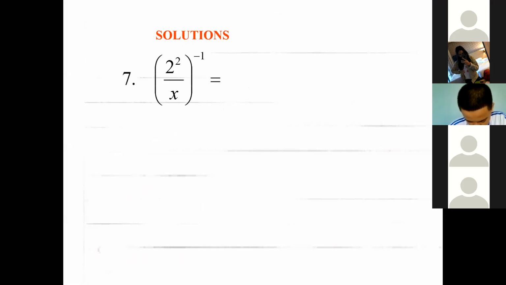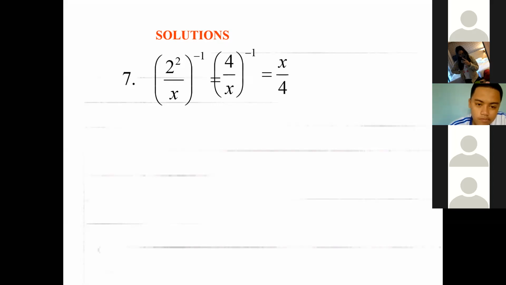Number 7. 2 to the power of 2 times x to the power of negative 1 all over x. So we have 2 to the power of negative 2 and x over negative 1. Balihon lang na mo plus, you'll get the answer x over 4. We have here 3 squared, 3 to the power of 9.